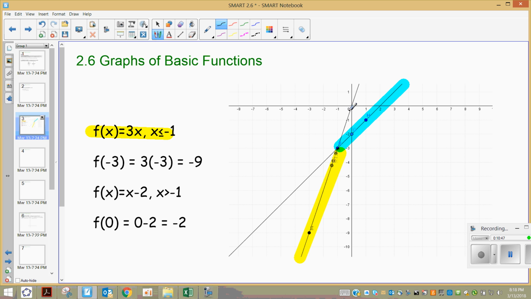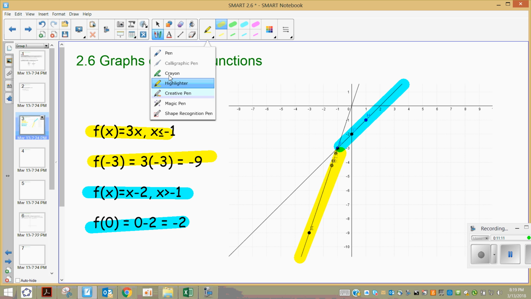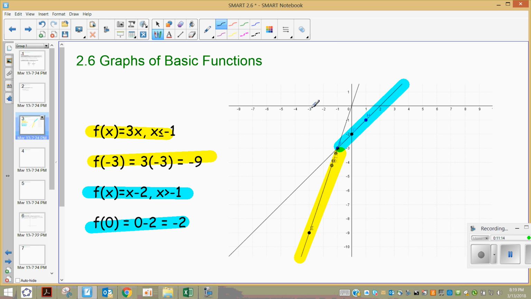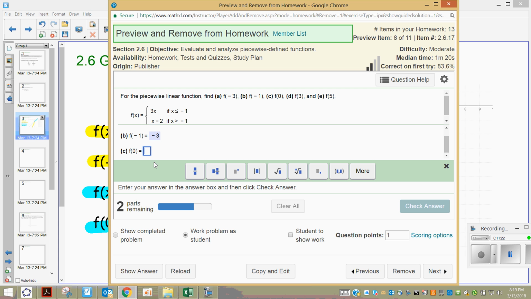If I go to 0 for x, then I would be right here at negative 2 on the blue portion, the blue piece. And for negative 3, just to complete that, for x equals negative 3, remember I was right there at e. Okay, so to answer the question, I want to go to negative 2.